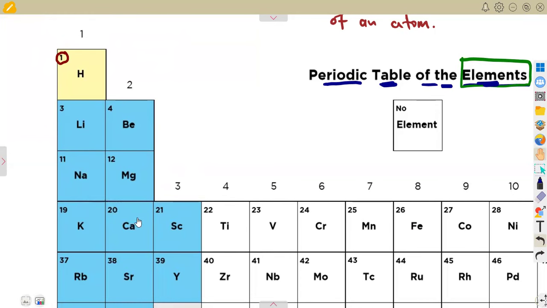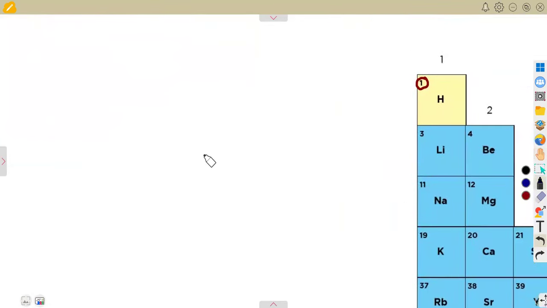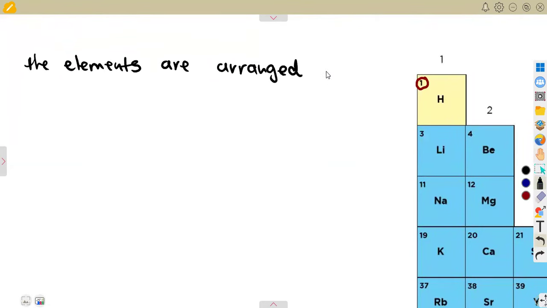They are arranged in terms of the order of the atomic number. Let me explain it here so that you understand as we move on. These elements that we are seeing there are arranged in order.